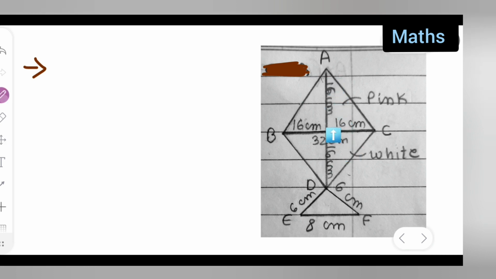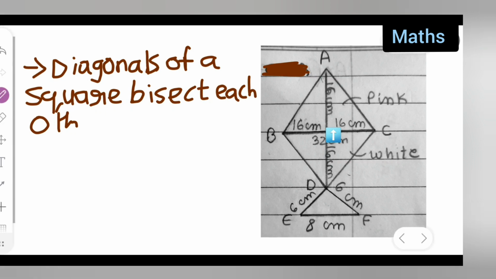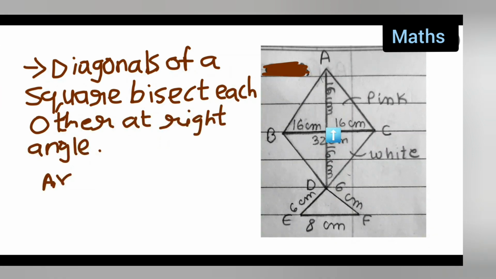So first you will have to write down that diagonals of a square bisect each other at right angle. I have to write down area of triangle ABC is equal to half into base into height.